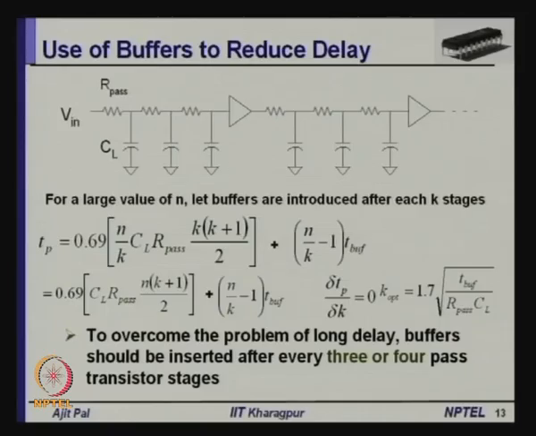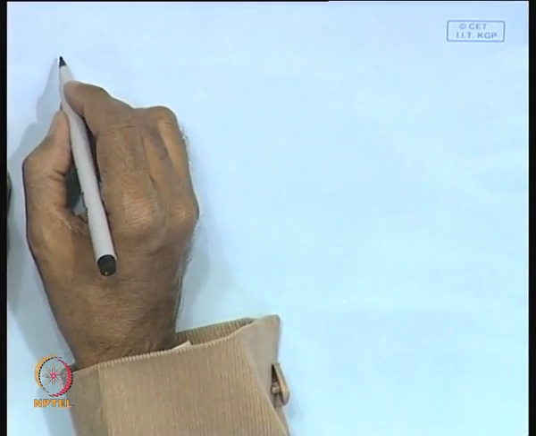So, what we have to do to overcome this problem? To overcome this problem, the solution is you will insert buffers in between the pass transistors.